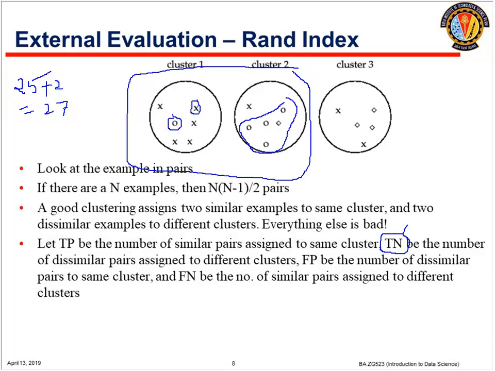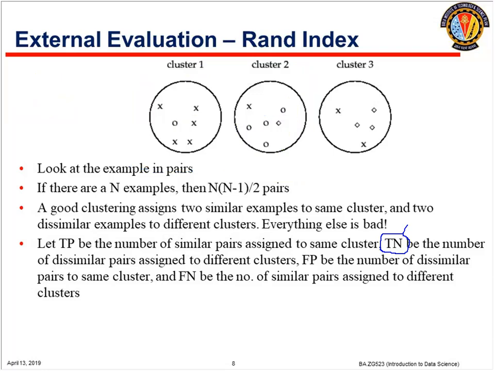Okay. Now let's look at cluster 1 and cluster 3. So how many dissimilar pairs can you make from, let's say, any x from cluster 1? Let me clear everything and just write 27 for cluster 1 and cluster 2, that we have already calculated.